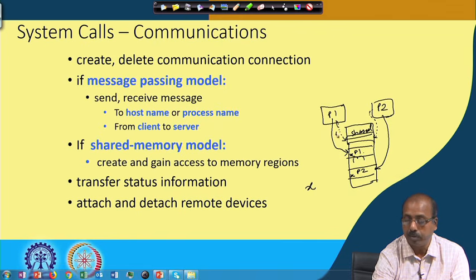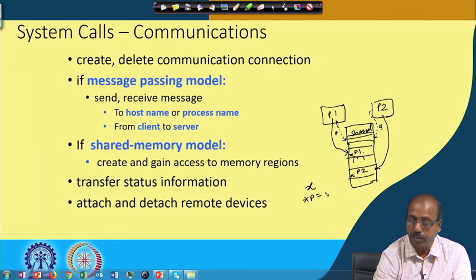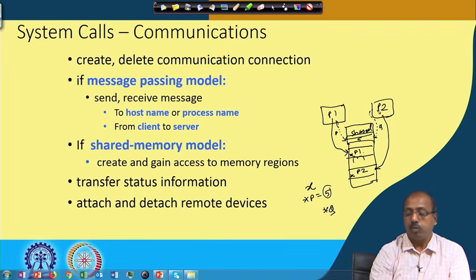Suppose the name of this pointer is P and this pointer is Q. If P1 writes *P = 5, this particular location will get modified to 5. Then if P2 looks for the value of *Q, it will find that the value is equal to 5, the value of x there. This way we can have the sharing.